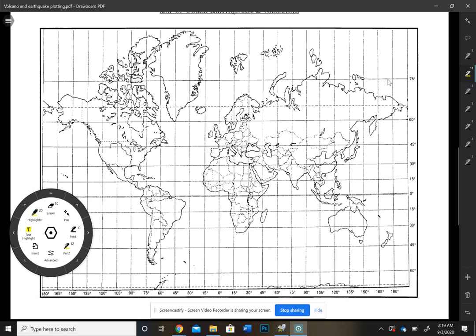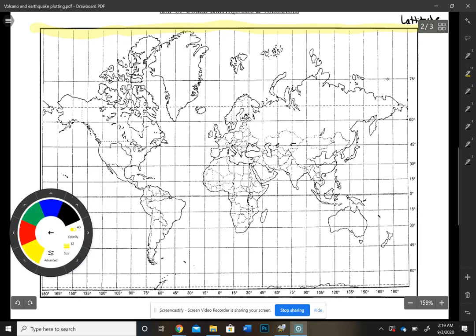So I am going to highlight right here, and I'm going to label that as latitude, and gonna highlight this direction, label it as longitude.